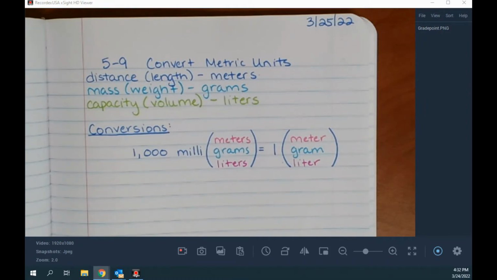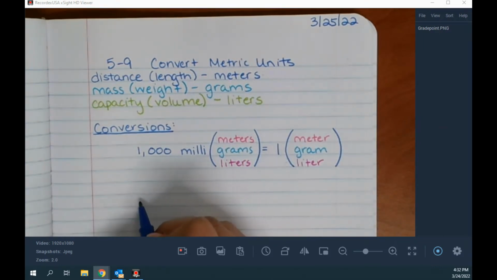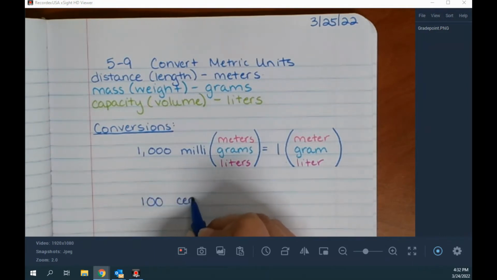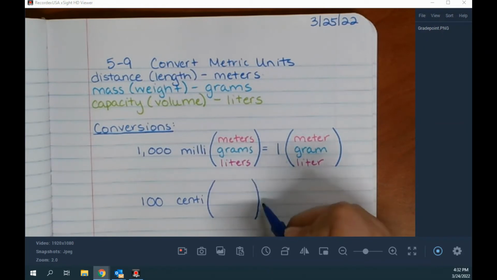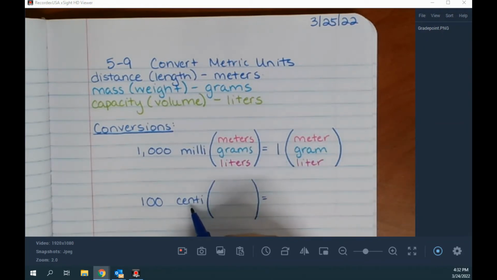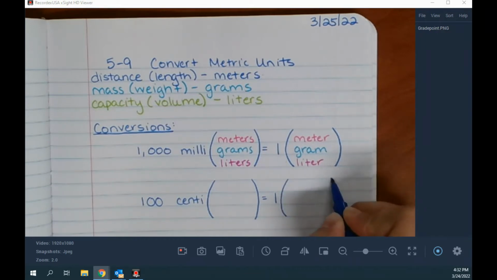Okay, let's look at our next conversion. Now we're going to look at the prefix centi. So let's say I have 100, and we're going to set it up the same way. So 100 centimeters, centiliters, or centigrams is going to be equal to 1 meter, gram, or liter.